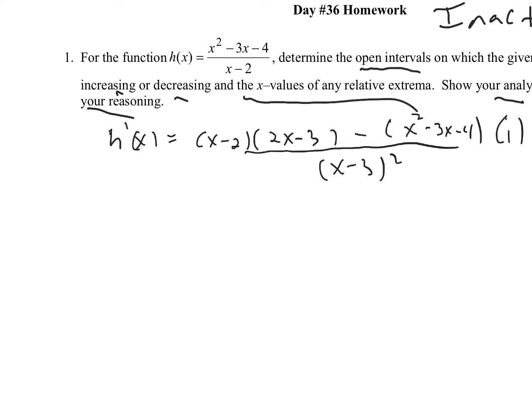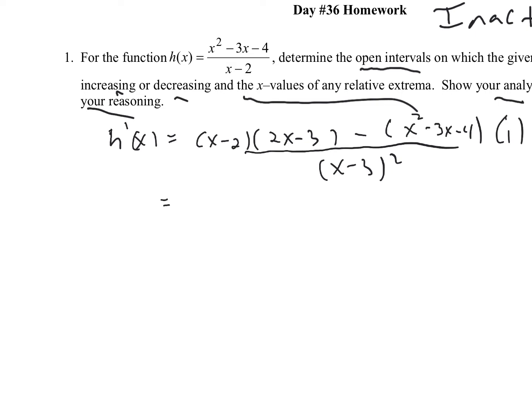We do have to simplify this because it's hard to work with if it's not simplified. Technically, if you stopped right there, you probably got a point on a free response problem because you did the derivative correctly, but you won't get the rest of the points because you need it to be simplified.